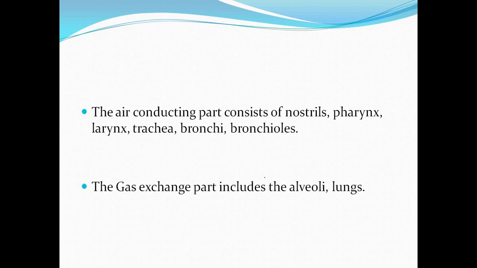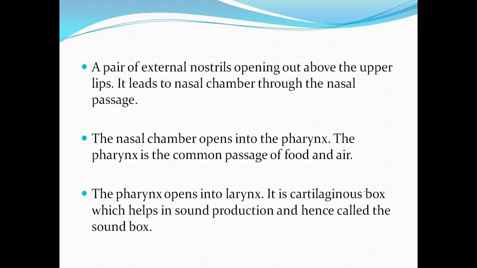The air conducting part consists of the nostril, pharynx, larynx, trachea, and bronchioles, and the gas exchange part includes the alveoli and lungs. So these are the two divisions of the respiratory system in humans.